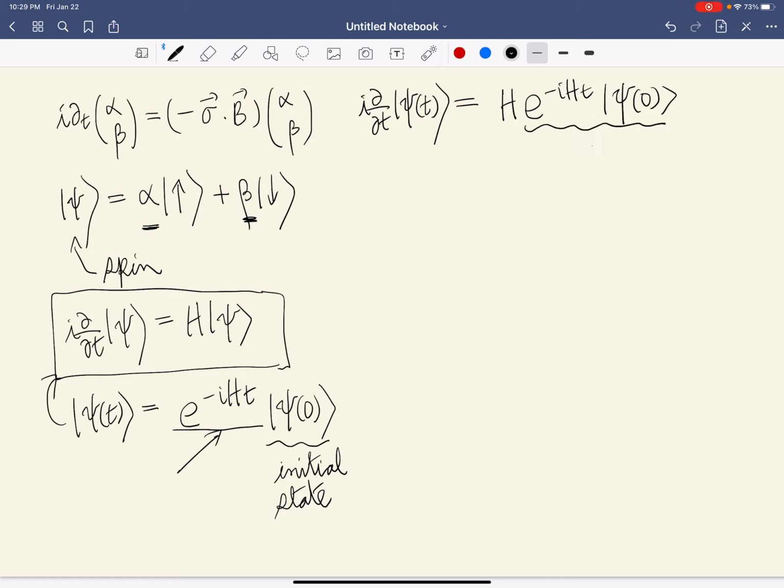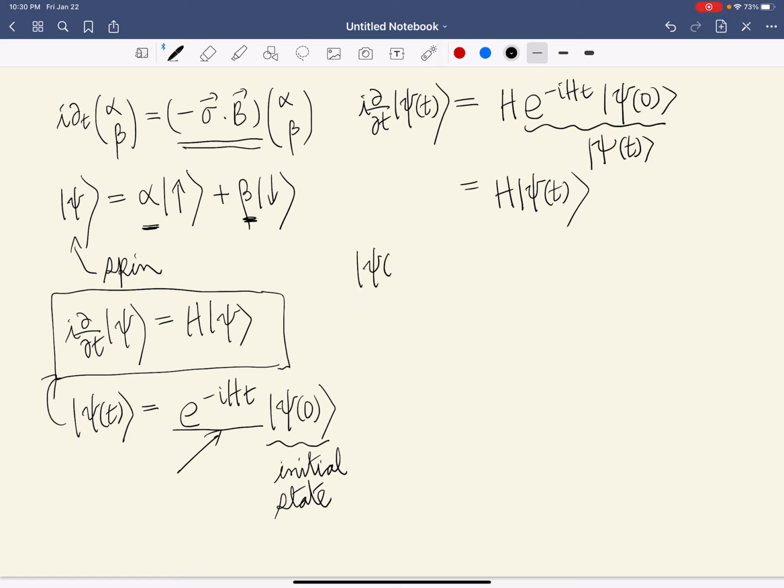Then this is, by definition, psi at time t. So overall, we have the Hamiltonian acting on psi t, which is precisely the Schrödinger equation that we were trying to solve from the start.